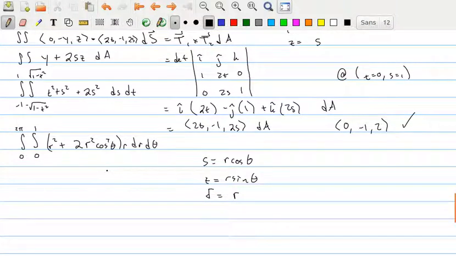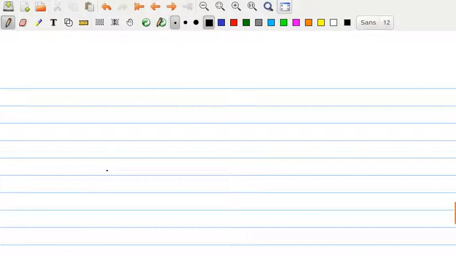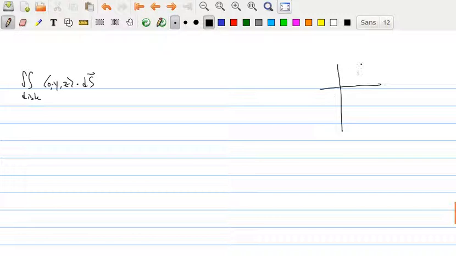Let's look at the integral along the disk. So if we go and look at that double integral over the disk of 0 minus y z dot ds. Well, on that disk, let's just sketch out that picture again. So we've got this disk over here. Our disk was at y equals 1, and x and z sort of free, although they're constrained inside the unit disk there.